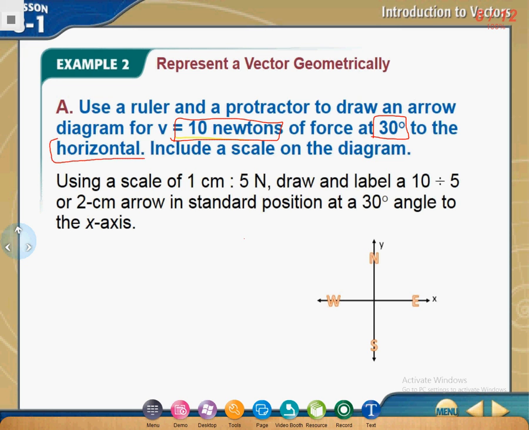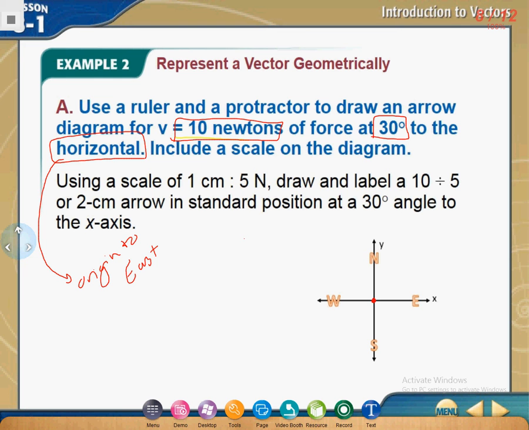Horizontal, what does it mean? Excellent. This means we are going from the origin horizontally to the east. This is so important. When you see the word horizontal, start from origin to east. I mean on the x-axis.